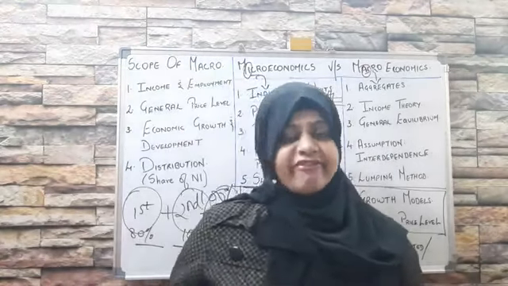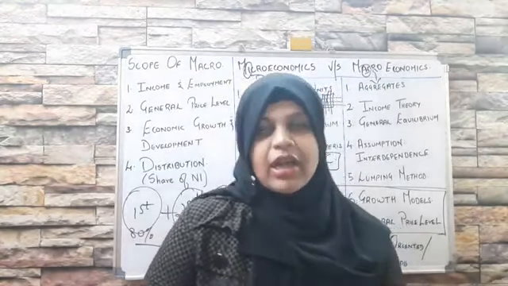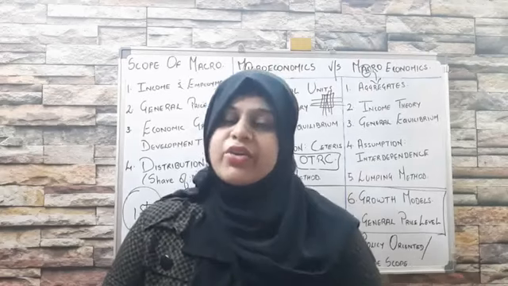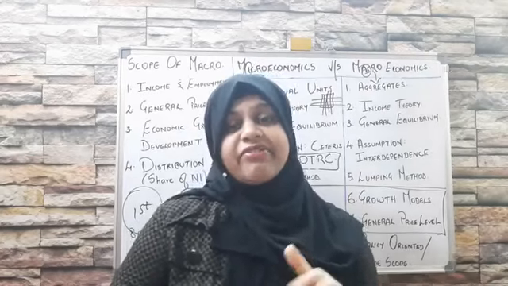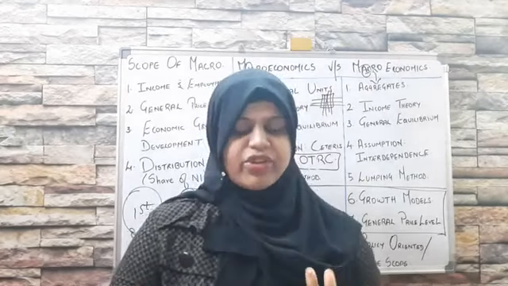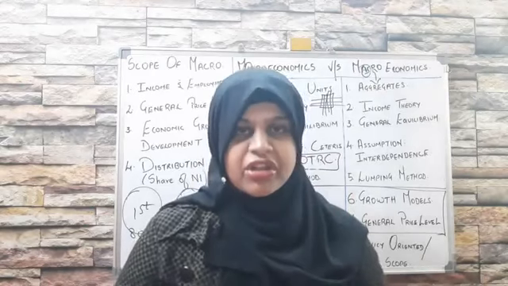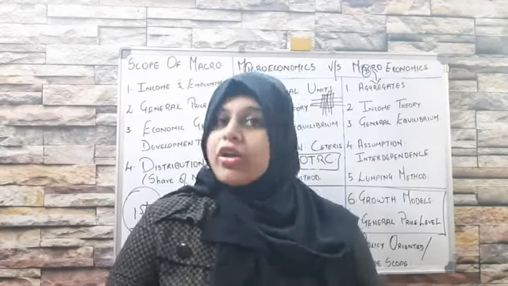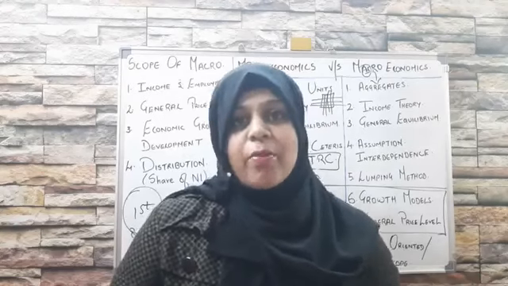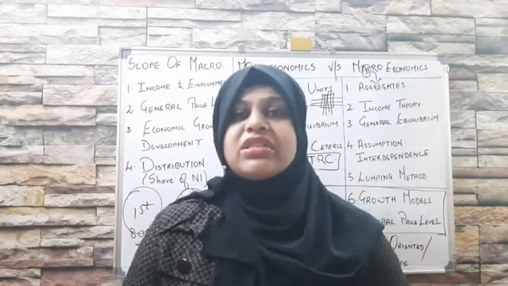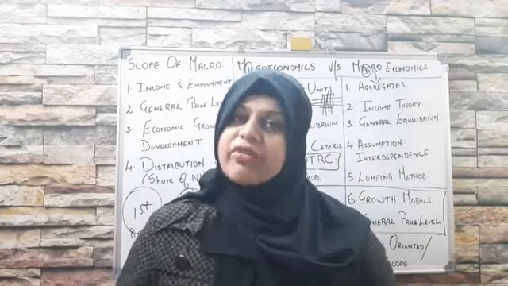Coming to the next point, market structures. Now you have one chapter in your textbook, the forms of market, wherein you will be studying the different types of market, for example perfect competition, monopoly, oligopoly, monopolistic competition. All that you're going to study in one of the chapters.